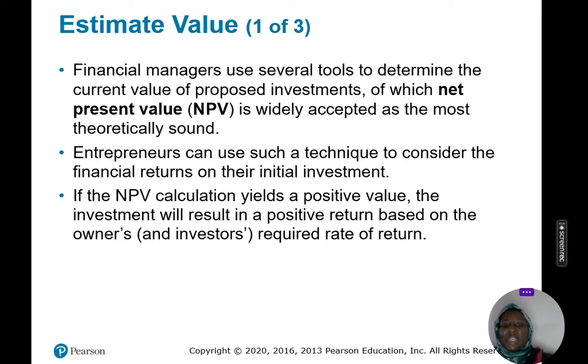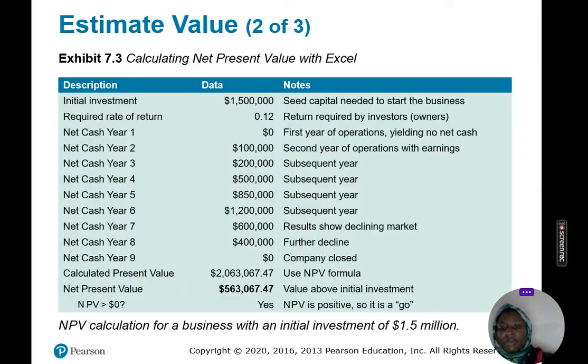So the NPV calculation should be positive. If it gives a positive value, it means that the investment will result in a positive return based on the owners' and investors' required rate of return.